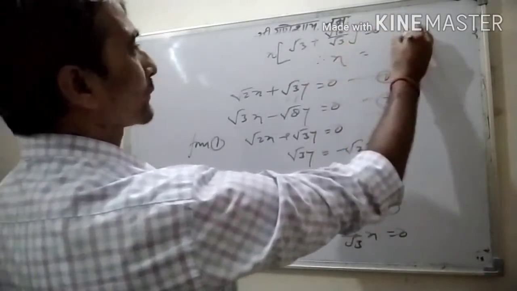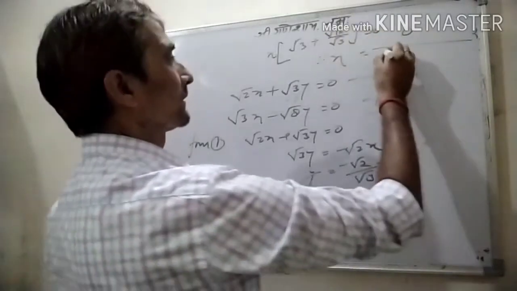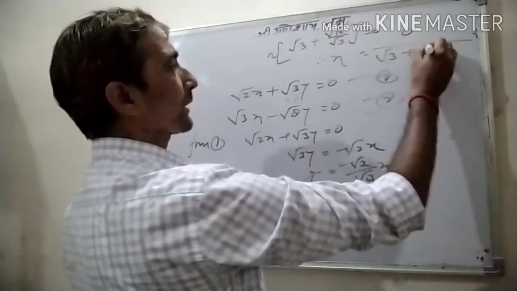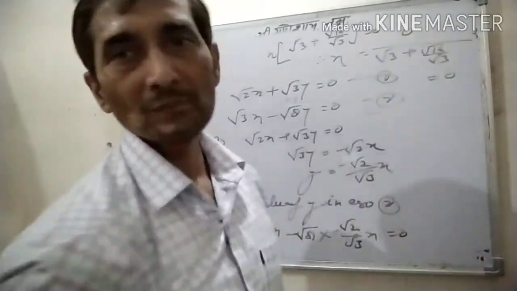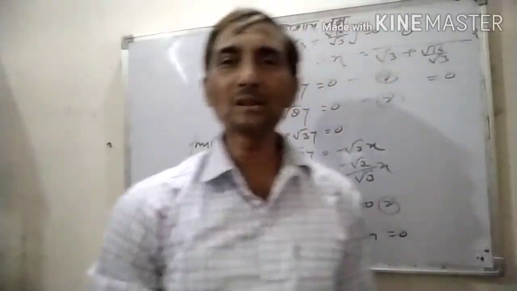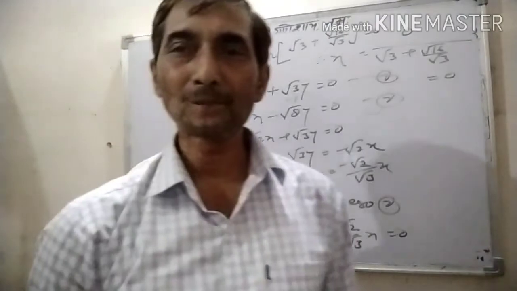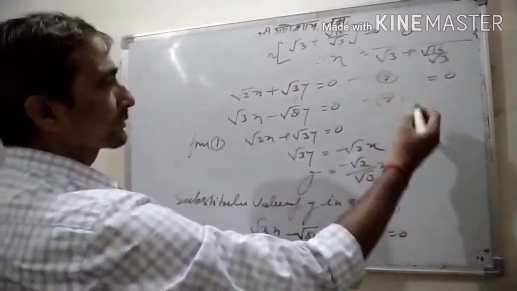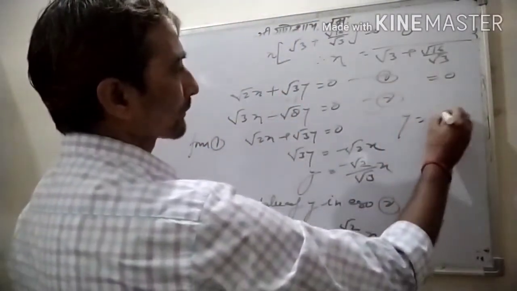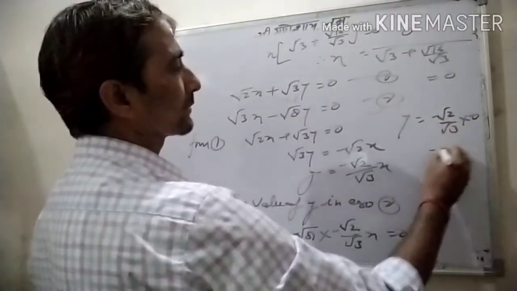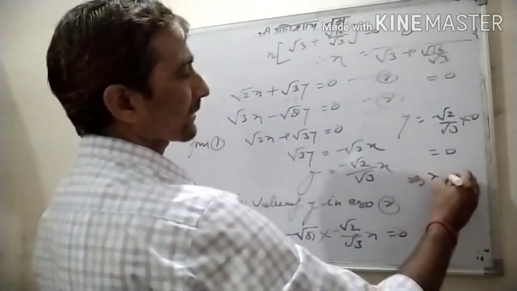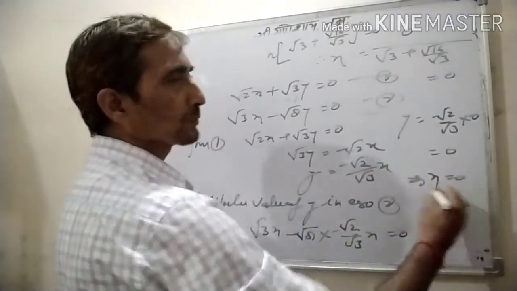Therefore, x is equal to 0 upon root of 3 plus root of 16 by root of 3, and 0 divided by any quantity is equal to 0, you see. If x is equal to 0, then y is equal to minus root 2 by root 3 into 0, that is 0. So your result is x is equal to 0 and y is equal to 0.